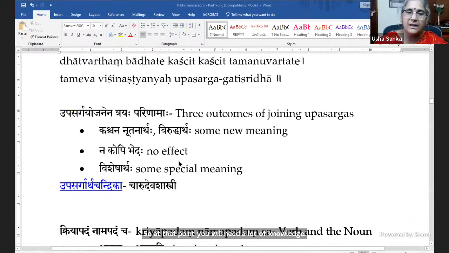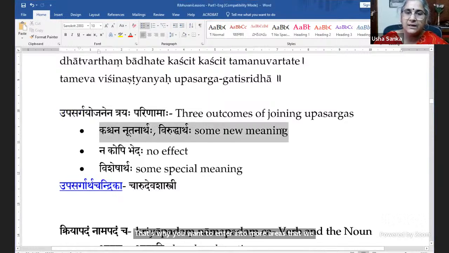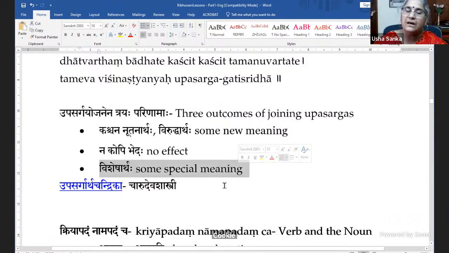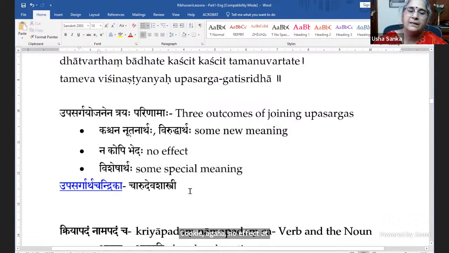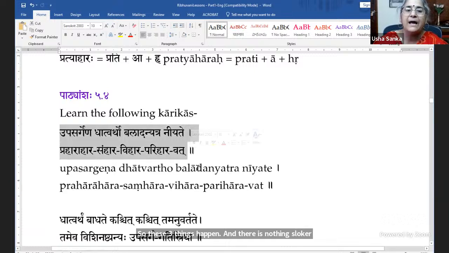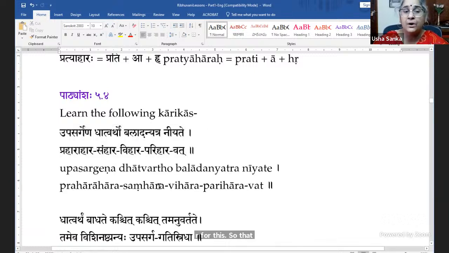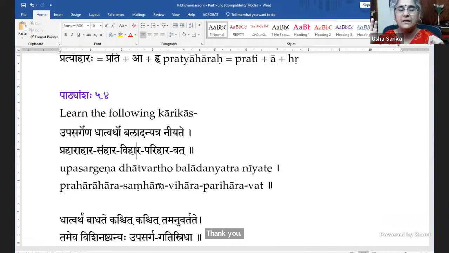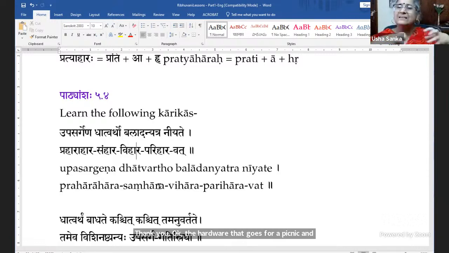So to put it all in one place: kashana nutanarthaha, some new meaning; nakopi bhedaha, no effect at all; vishesharthaha, some special meaning. So these 3 things happen. And there is an example shloka for this. So that shloka practically tells that the Upasarga comes and the Dhatvartha goes for a picnic, and he takes Baladanyatra Niyate.